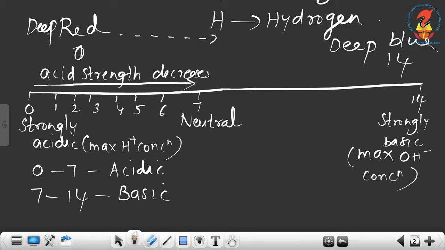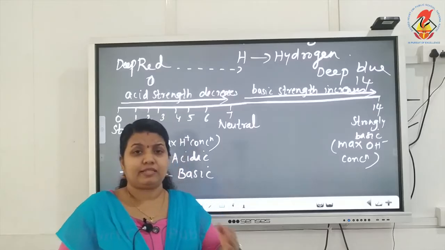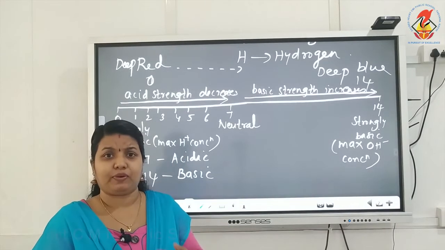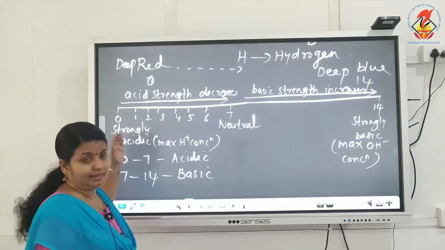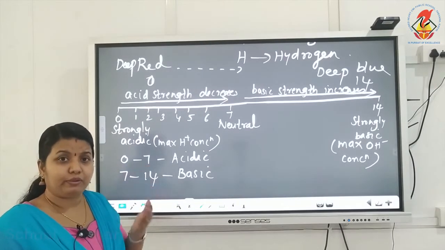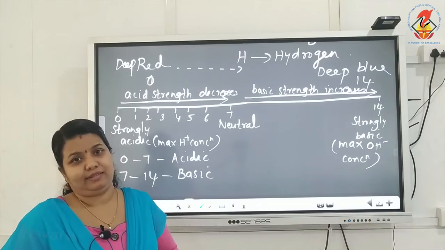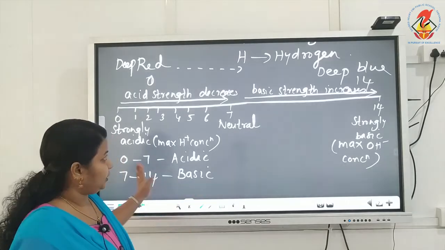And as you move from 7 to 14, basic strength increases. So, a higher value of pH indicates a stronger base. pH number 14 stands for a strong base. As the pH value increases, basic strength also increases. But on the acidic side, it is the opposite. As the pH value increases, acid strength decreases. Okay, I hope it is clear to you.